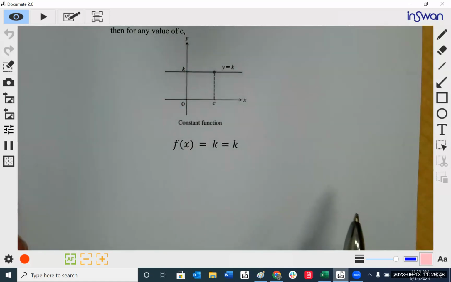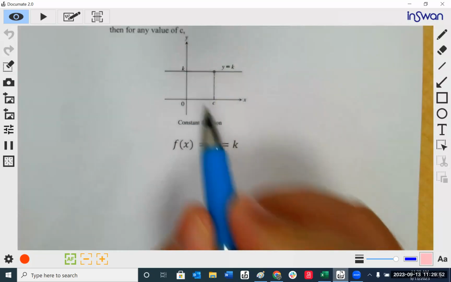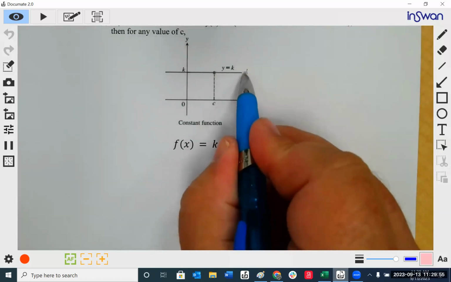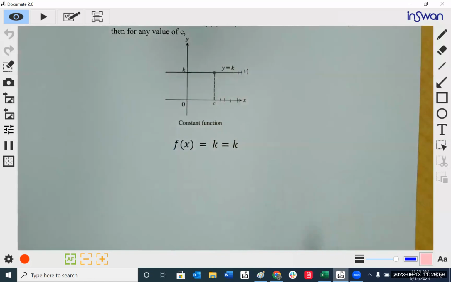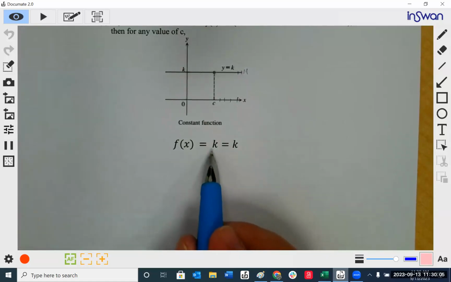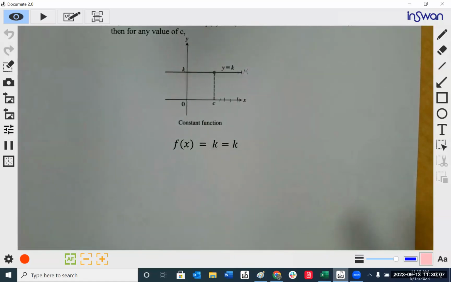In a constant function, that's even easier. If you have a horizontal line, it's always going to be the same value, because as x gets closer to c, it always stays the same. So if you have a constant function, a horizontal line with 0 slope, the limit is always that constant value.